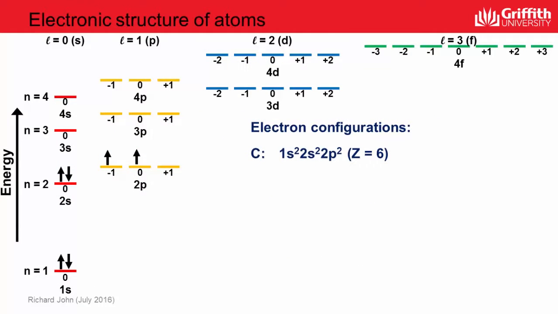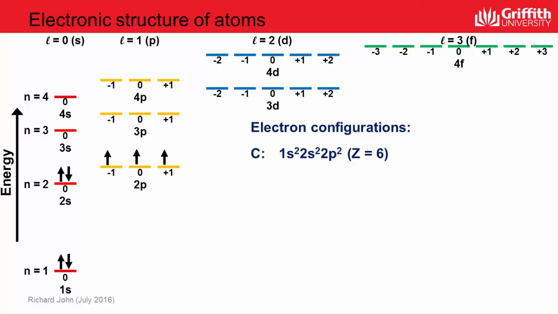So what do I mean by that? We have the electron configuration of carbon shown here, 1s2, 2s2, 2p2, and we can see that the 2 electrons in the 2p subshell there are spin parallel, both in the same direction.